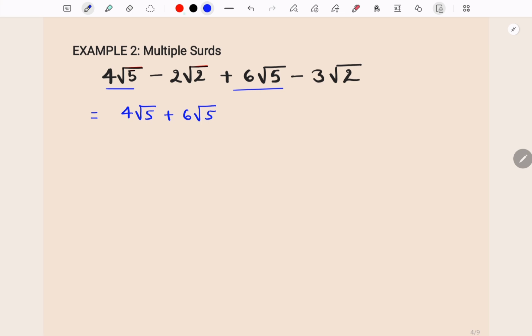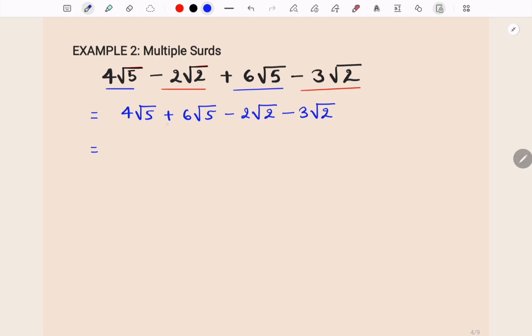And then we have negative 2 root 2 here and negative 3 root 2. These are also like terms. So let's write them together. We have negative 2 root 2 and negative 3 root 2. Okay, so now we can add the like terms together.